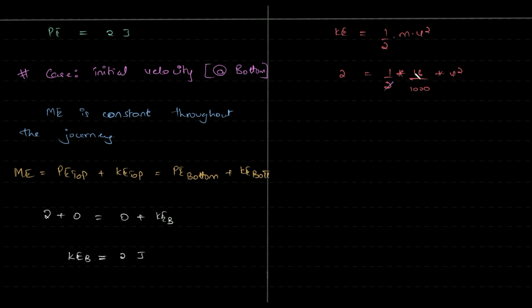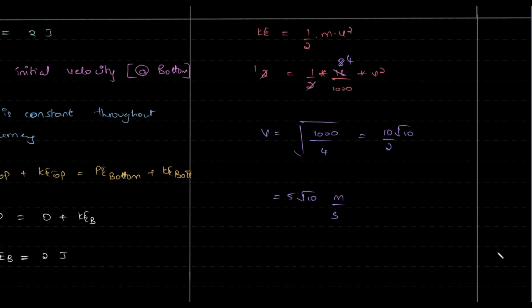Actually we can cancel: ones are 8, ones are 4. So v is equal to the square root of 1000 by 4. The square root of 1000 is 10 root 10, divided by 2, so 5 root 10 meters per second.